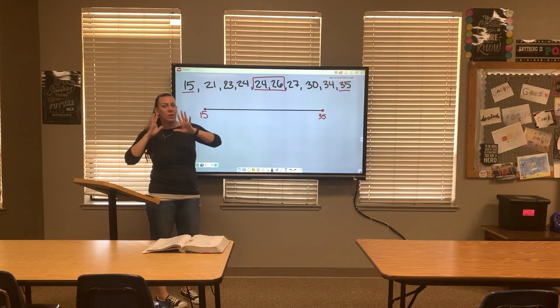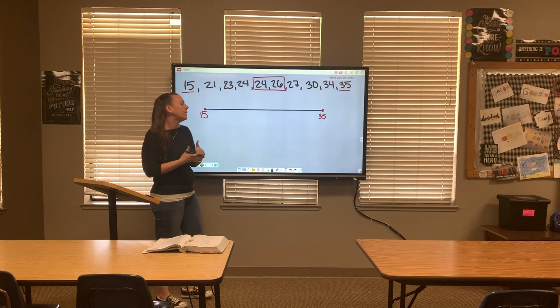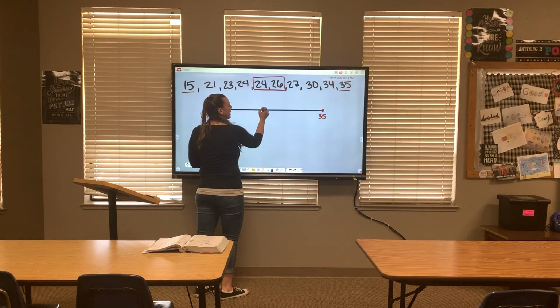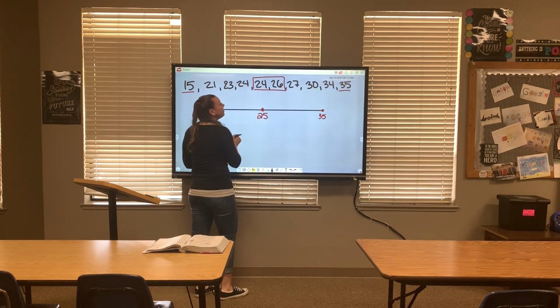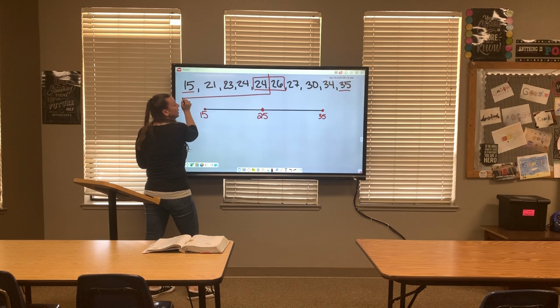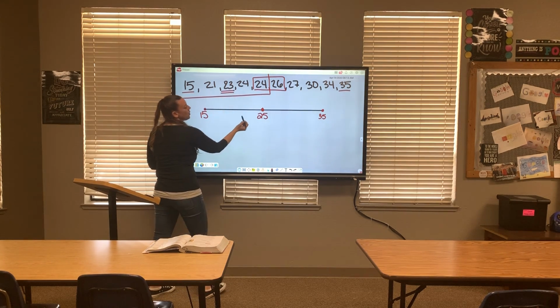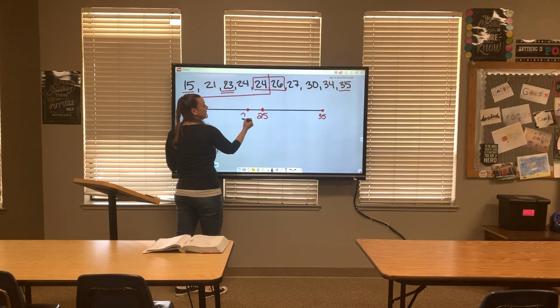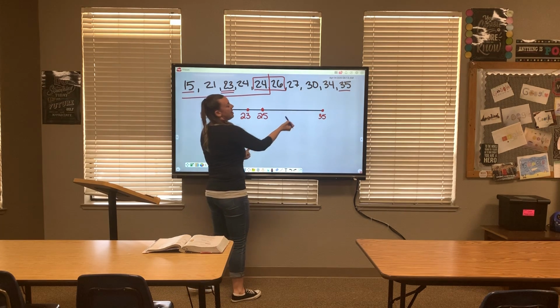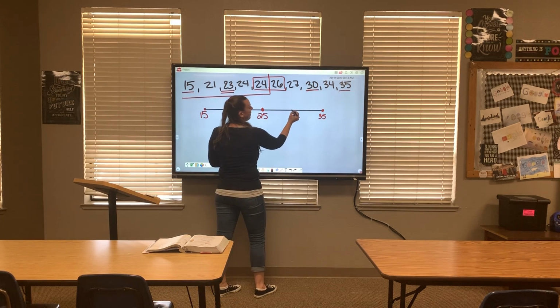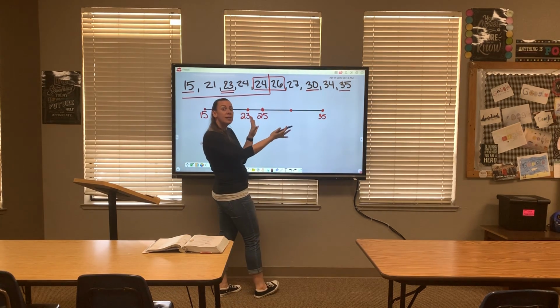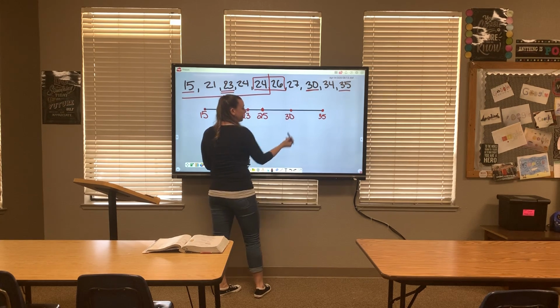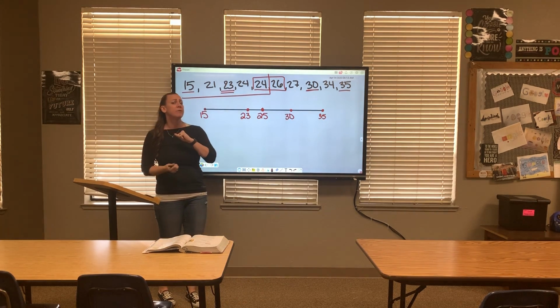I see that if I add 24 and 26 and divide by 2, I get 25. So my median is 25. Now, if this is my lower half, my median here is 23. That's going to go very close to this 25. And then my median here is 30. It's going to go directly in between 25 and 35. I do need to label all 5 of those numbers.